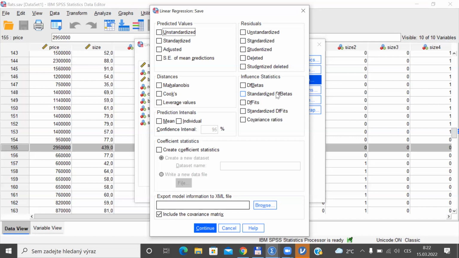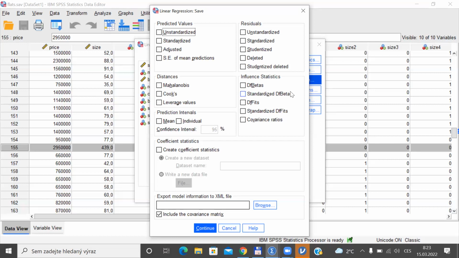I would only like to repeat that there are some recommendations for cutoffs for these standardized DFBetas, and classical recommendation says that if standardized DFBeta is above 2 divided by square root of sample size, or small n, we use a symbol, then there is influential in your data for which the standardized DFBeta exceeds this limit.